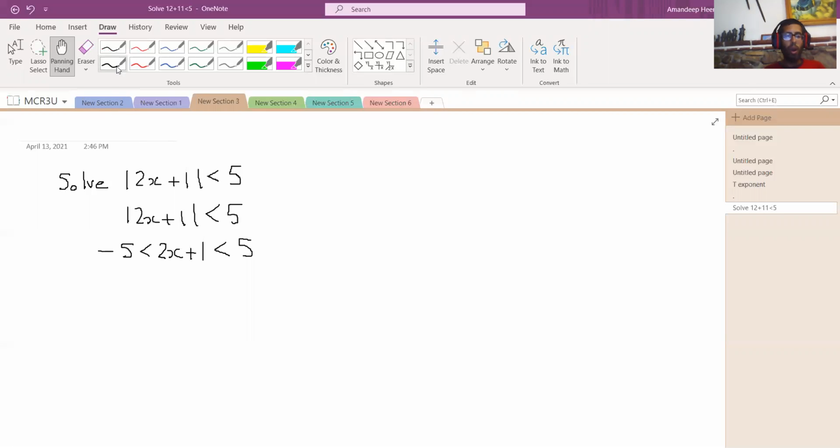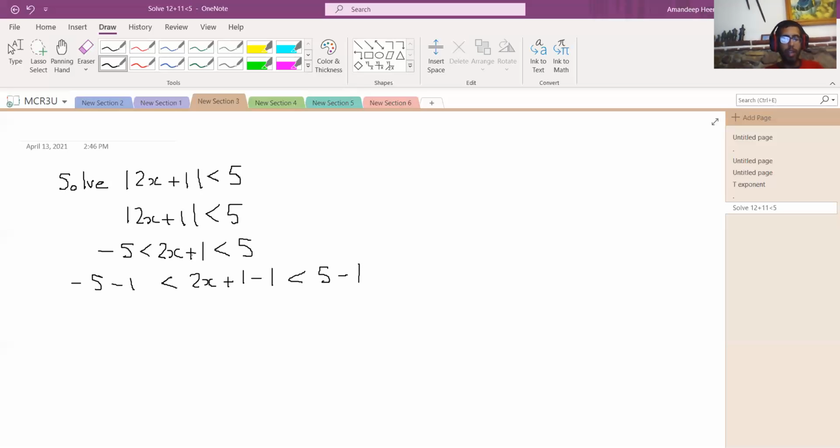Now I'm going to solve for x. First of all, I subtract 1 from each side. So I write -5 minus 1 less than 2x plus 1 minus 1 less than 5 minus 1.